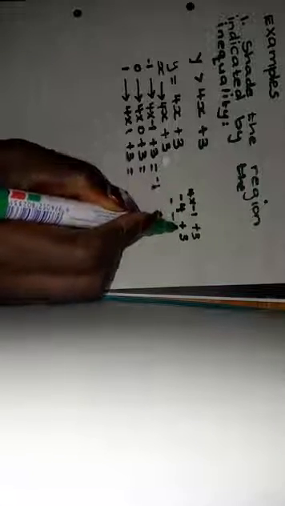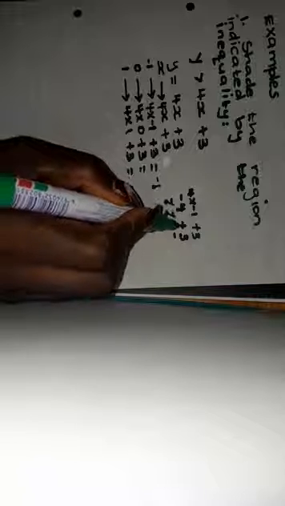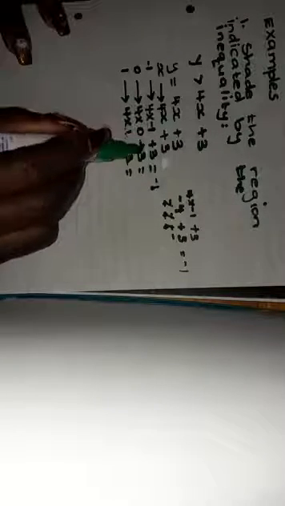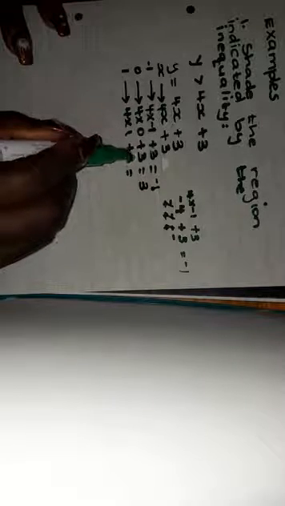You've got 4 negatives and 3 positives, so this will cancel and you remain with 1 negative. Then 4 times 0 is 0, plus 3, it's a 3. 4 times 1 is 4, plus 3, it's a 7.